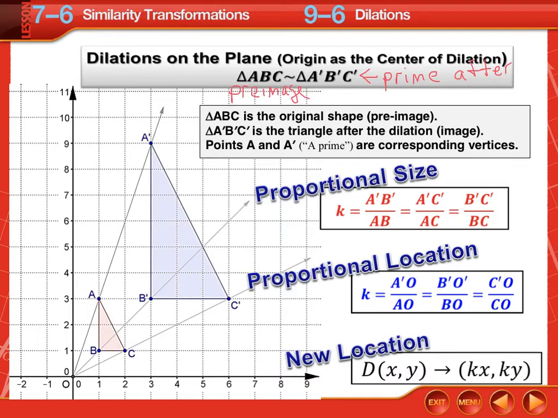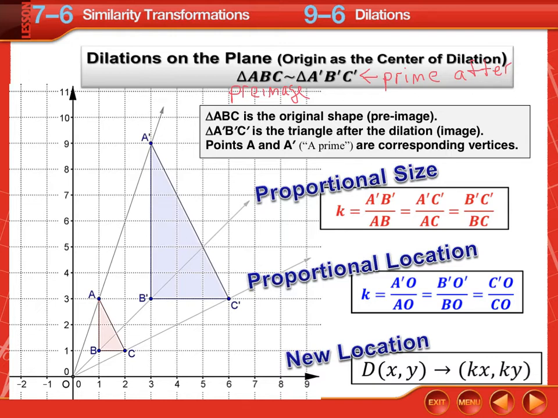Okay, so let's take a look at what's on this chart here. We have a dilation on the plane. ABC is a pre-image, A prime, B prime, C prime is the image, and the center of dilation here is the origin, located at 0, 0. Okay, let's just first take a look at the scale factor.